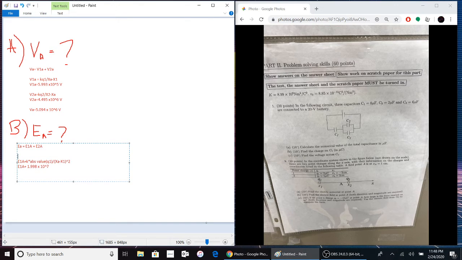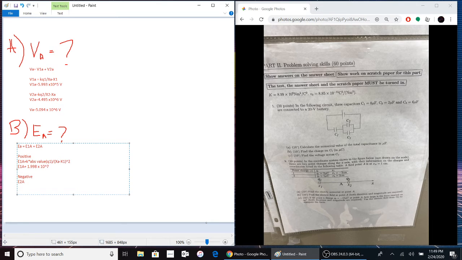This E1A is going to be positive here because it'll be coming from positive. It's a positive 2A, so that'll be positive. But then E2A will be negative. So I'll make sure to put positive here for our first term, and it's negative for this term.